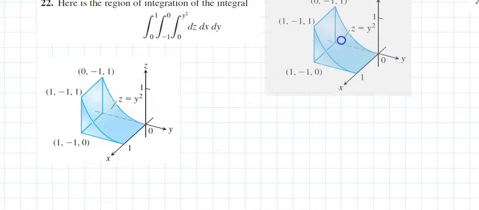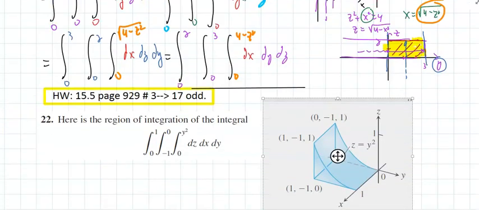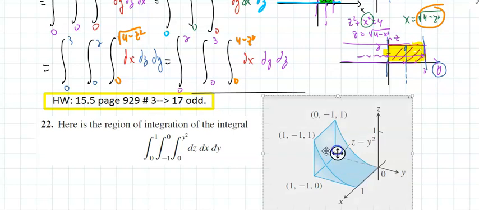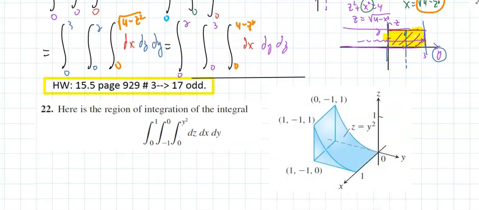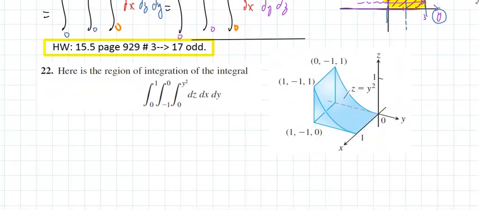And from what we see, it seems they really went with dz, meaning they ran from it's really hitting at 0, and it's exiting out of z equal x squared.